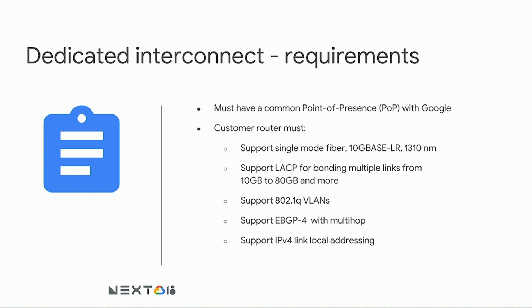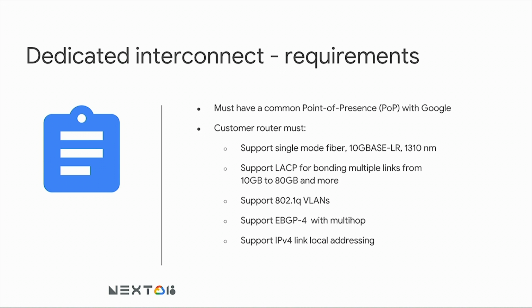A little bit on requirements. So first of all, it's 10GBASE-LR. Just a comment, we have customers that have come out with other methods of connecting to us, and those don't work. We also require LACP. The benefit of LACP is as you want to grow that infrastructure, you can do it in a seamless way by adding 10 gig connections and growing that LAG bundle as you need to.